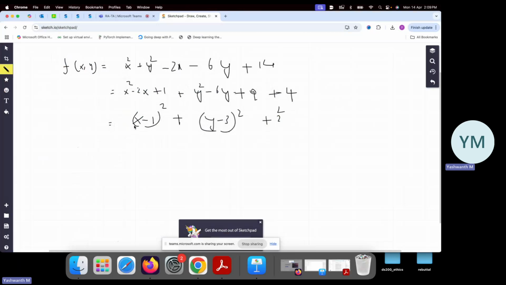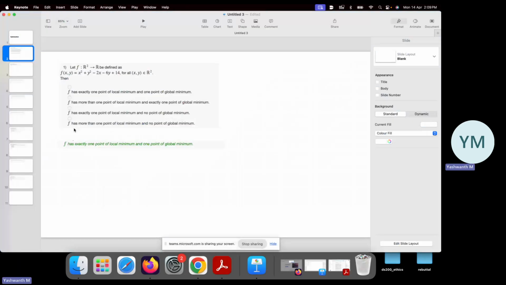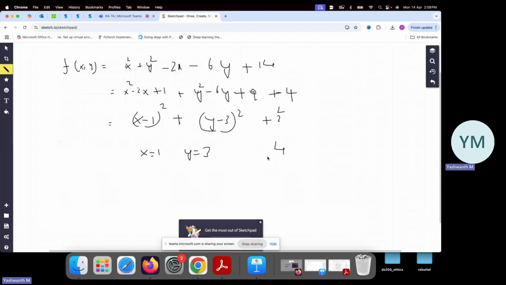It is easy to see the minimum value, because these are squares and the lowest value they can take is 0. That happens at x equal to 1 and y equal to 3, and the minimum value of the function is 4. So f has exactly one point of local minimum, and that point is the global minimum: the point (1, 3), and the minimum value itself is 4.